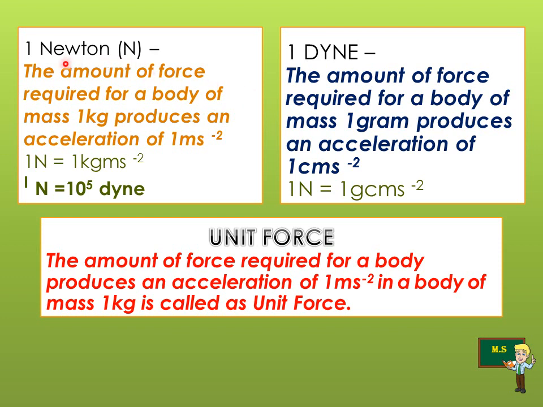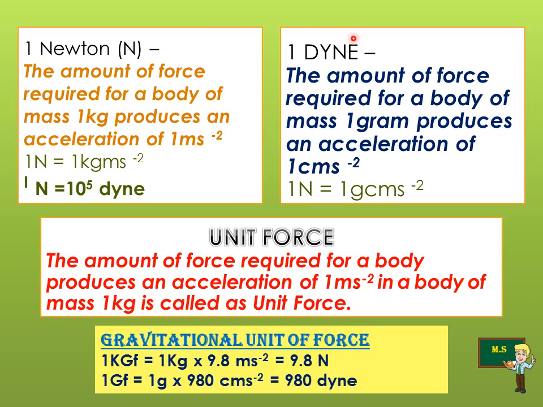See, Newton is referred to in the SI system and dyne is referred to in the CGS system. The amount of force required for a body of mass 1 gram to produce an acceleration of 1 centimeter per second square, or 1 cm s minus 2, is 1 dyne, which is equal to 1 gram cm s minus 2.